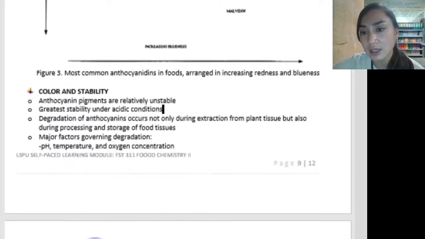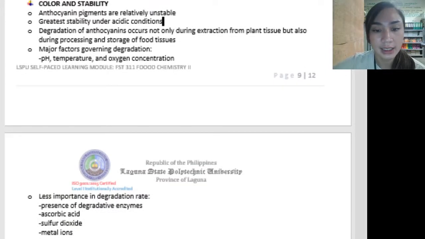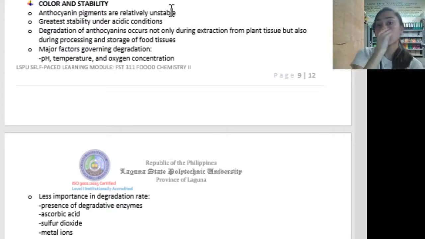Okay, let's look at the color and stability ng ating anthocyanins. So, anthocyanin pigments, they are relatively unstable. Okay? Compared with carotenoids, ang carotenoids natin, stable siya unless it's exposed to oxygenation or oxygen, no?